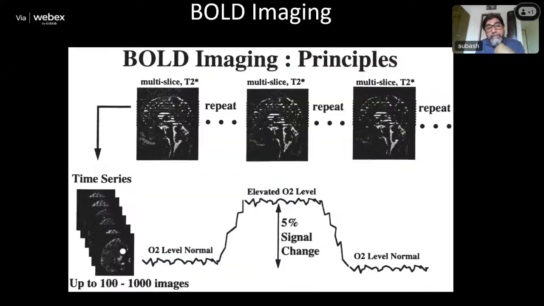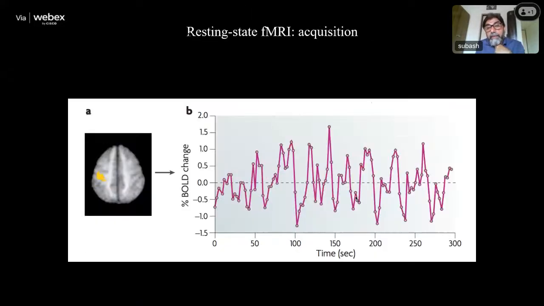As I said, the signal change between normal oxygen levels and elevated oxygen levels is just 2 to 5%, and it is as good as noise. So what we do in resting fMRI is ask the patient to lie down in the magnet, and we don't ask him to do any task.